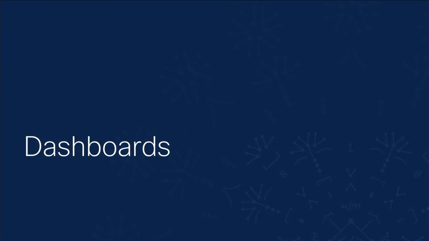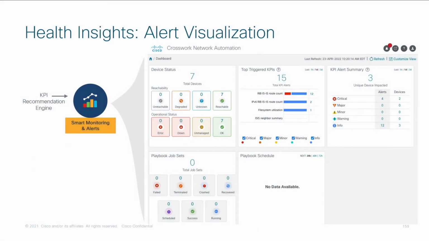Let's take a quick look at some of the dashboards that come with the Crossworks Network Automation Suite. This is the main dashboard. The view varies, and it's based on the applications that you have installed within the suite.